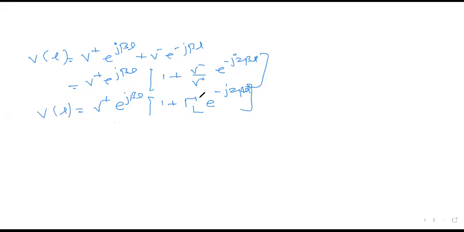Now, how do I get the magnitude or maximum value? Suppose I need to see what my VSWR is. We have seen, first we need to get the maximum and minimum. So when will this quantity be maximum and when will this quantity be minimum?